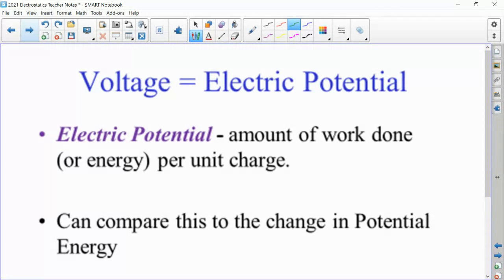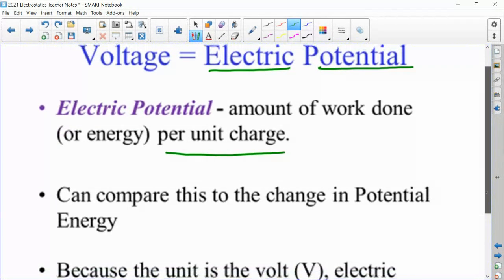All right, so there's a term called electric potential, which is very much related to potential energy. Right? It's the amount of work done or the amount of energy that it has per unit charge. Okay, and that's known as voltage. So something that has a lot of potential is also going to have a lot of potential energy. So you can compare that to the change in potential energy.